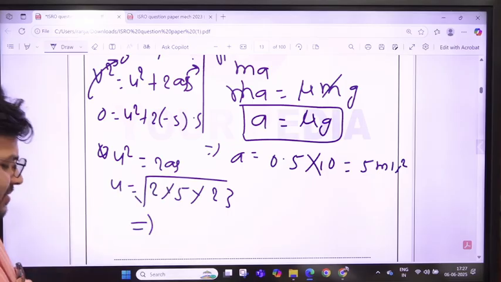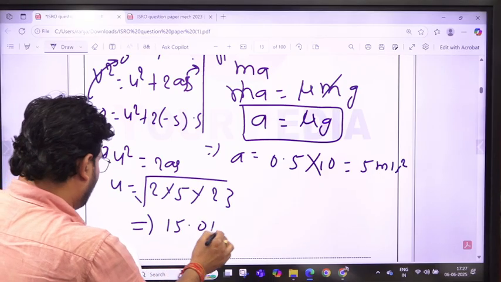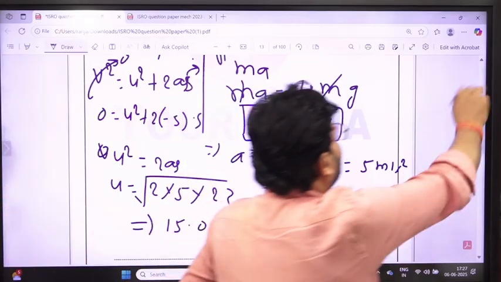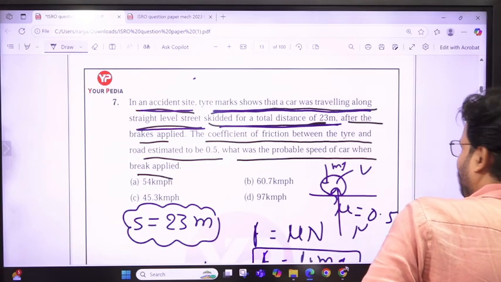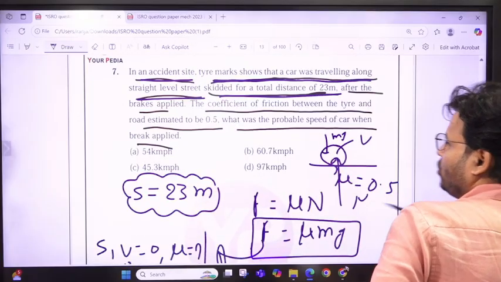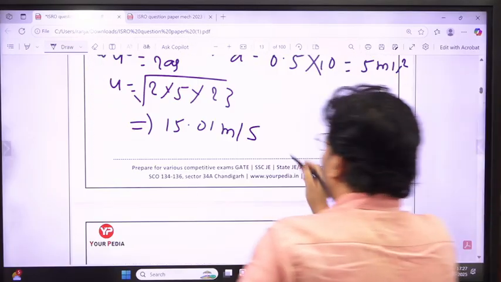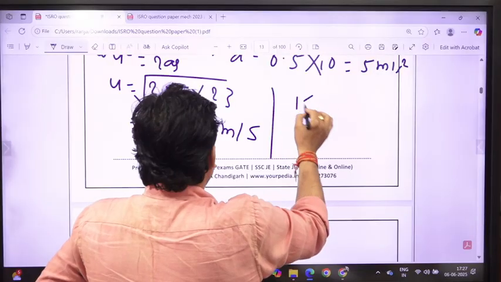By solving that you get u as 15 point something meter per second. But in the question it is given in kilometer per hour, because the speedometer connected in your vehicle shows kilometer per hour, so the options are given in kilometer per hour. Let us convert it.